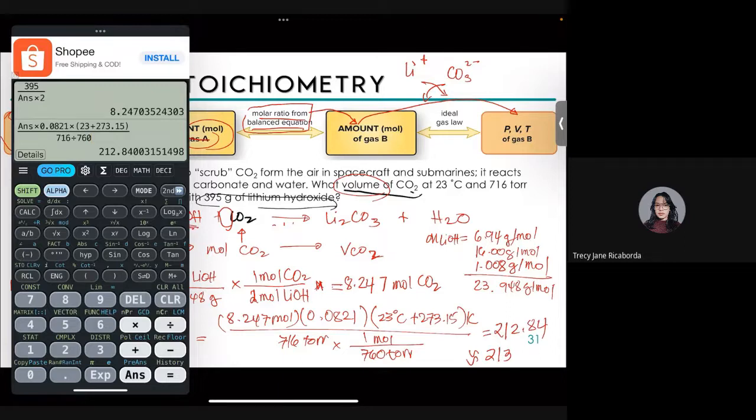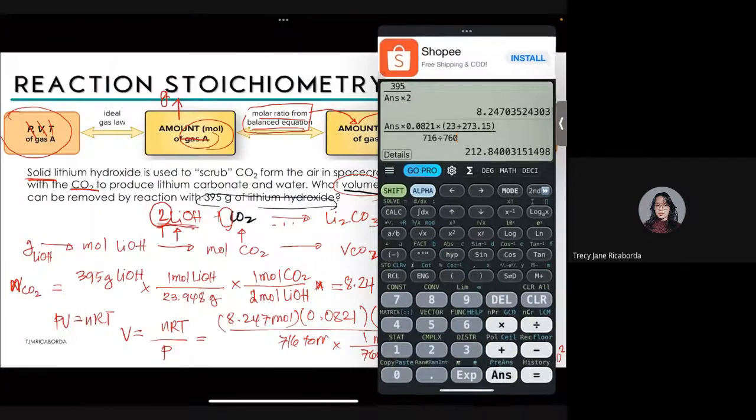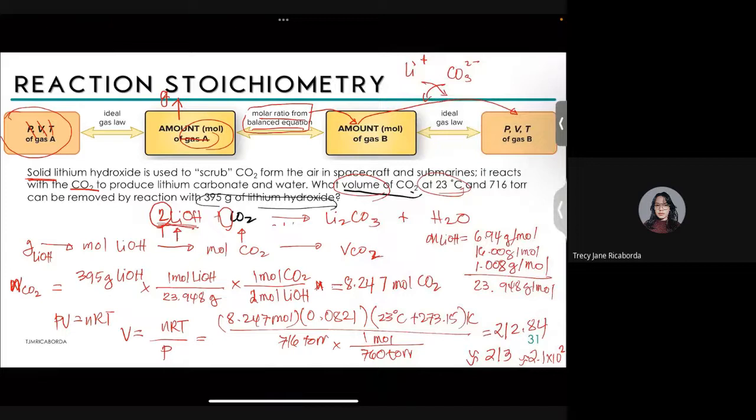Others would reduce it to 2 significant figures because of this right here. So sometimes it will be just 2.1 times 10 to the 2, right? Because that's 210. But I don't really prescribe to doing that.